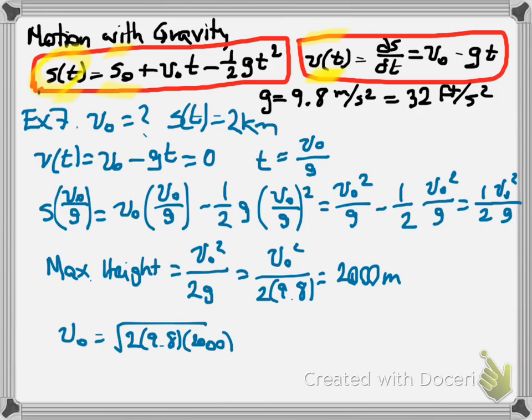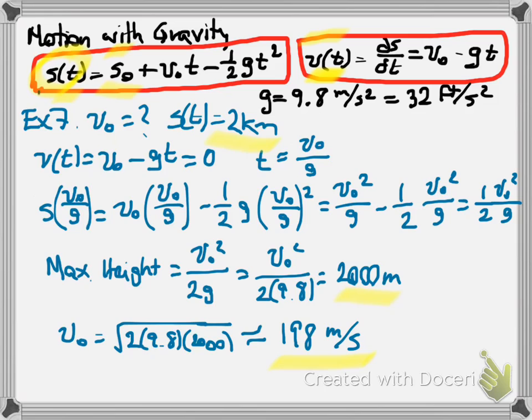Why 2000? Because they told us the position was 2 kilometers, but we are talking about meters, so that equals 2000 meters. This is approximately 198 meters per second. In reality, the initial velocity will have to be considerably greater because of air resistance. But this is the solution and the answer for example number 7.